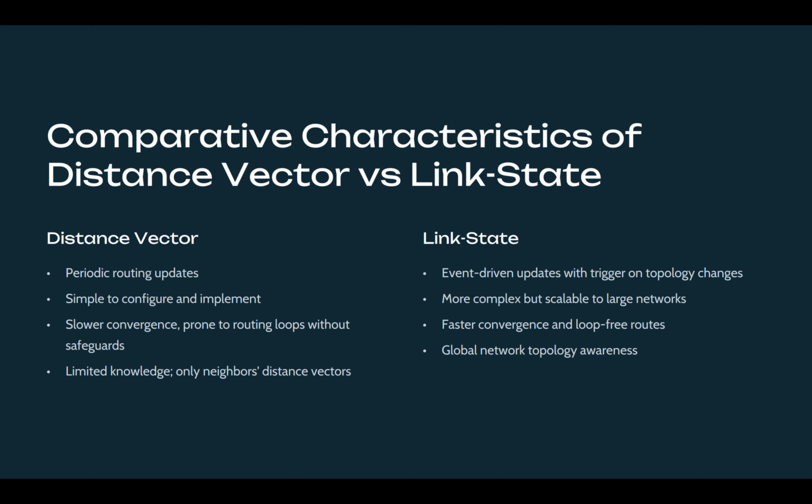Distance vector has slower convergence and is prone to routing loops without safeguards, whereas link state has faster convergence with loop-free routes. Distance vector has limited knowledge, only of neighbors, which means it works with a limited number of data sets over short distances, whereas link state routing provides global network topology awareness, suited to a large number of networks across various distances.